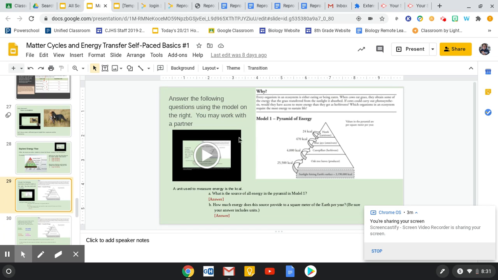Also make sure if it's asking for a percentage, you give a percentage. Percentages available, you take the level that you're interested in, like 4,000, and you divide it by the previous available, 25,500. It will give you a decimal, multiply it by 100 to get rid of the decimal point, and that's your percentage.